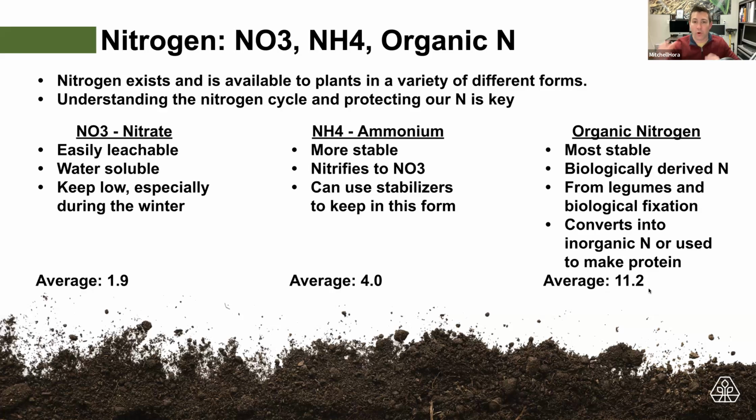They were low because I was in a chemistry-driven system where our nitrogen program was mostly anhydrous and maybe a little bit of UAN and our MAP fertilizer and dry broadcast fertilizer. That was it. And my organic nitrogen numbers were very low. What I've seen is my organic nitrogen numbers have risen from that 11, 12 parts per million all the way up to 50, 60 parts per million.